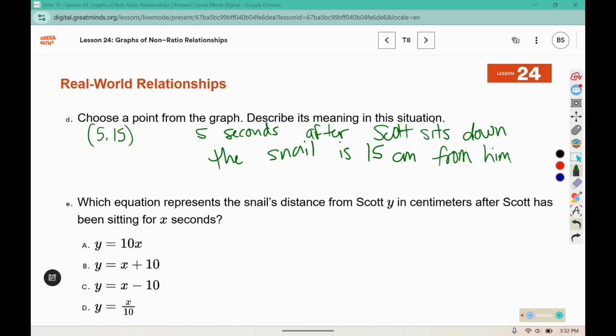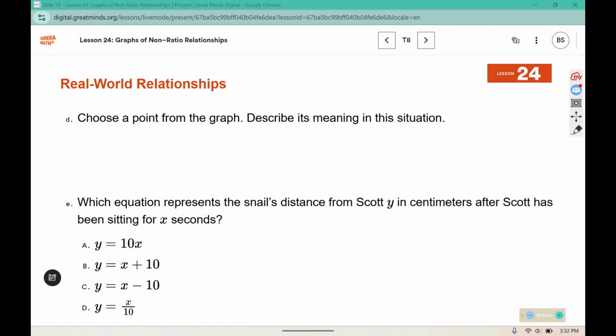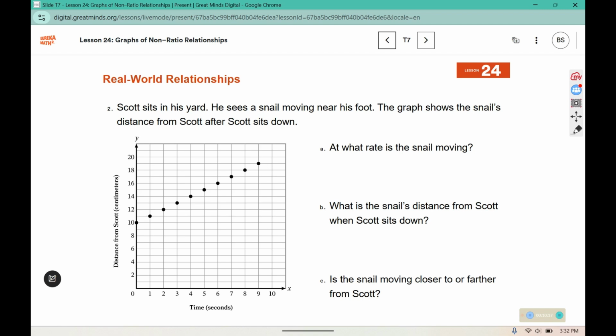Which equation represents the snail's distance from Scott in centimeters after Scott has been sitting for x seconds? Let's go back and look at the graph. Here I have (5, 15). Another point here is (2, 12).